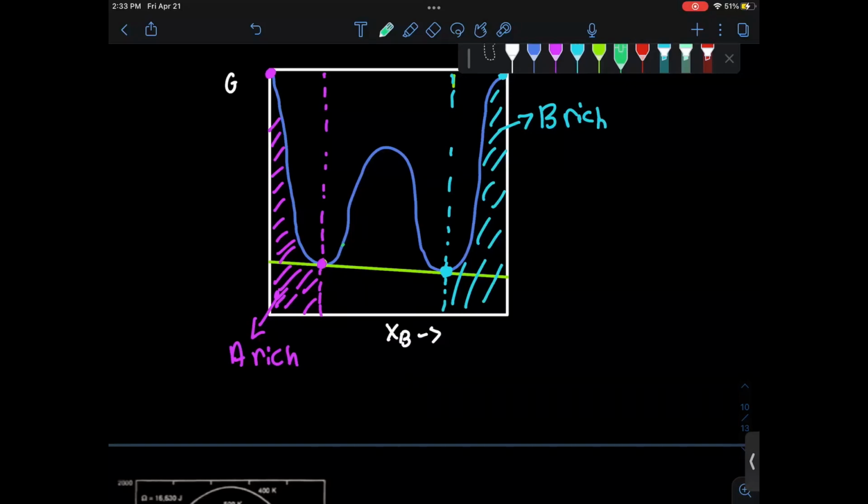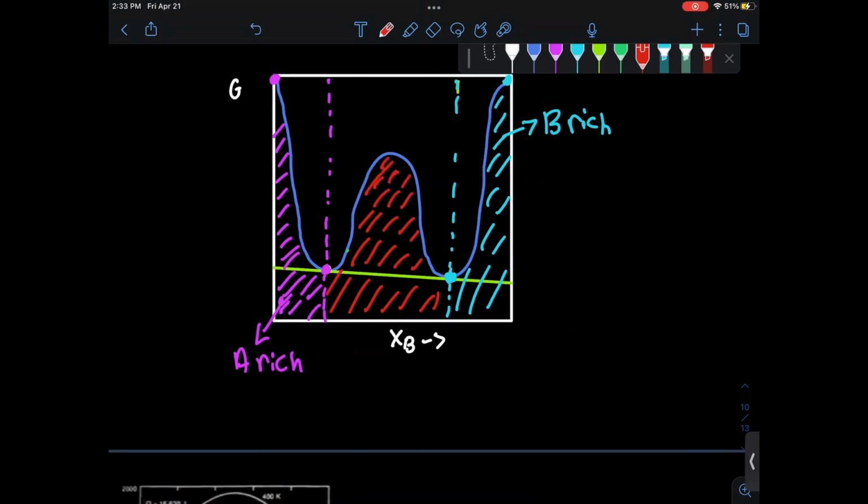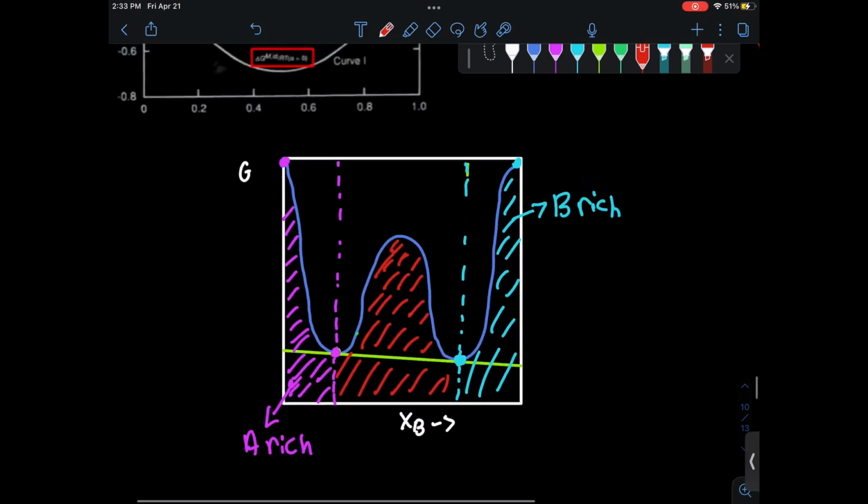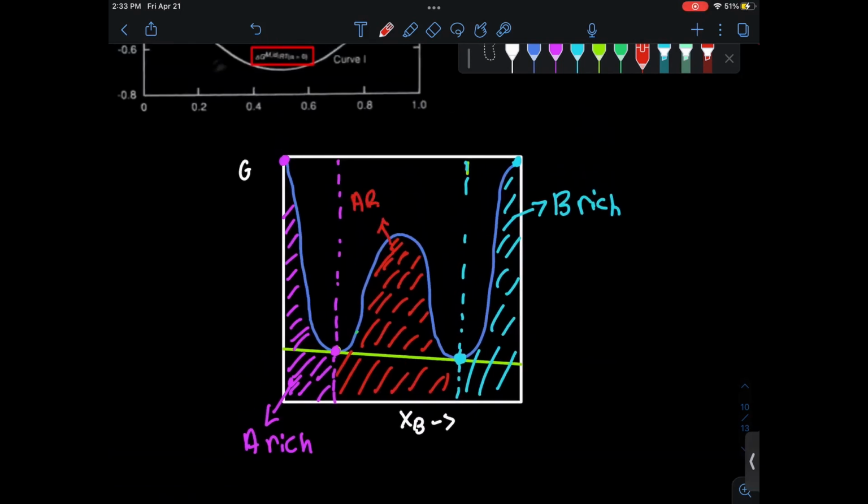When we are within this miscibility gap, our two mixtures that we can have, our A rich and our B rich, are going to separate from each other. And I'm going to have part of it that's going to be A rich, and I'm going to have part of it that'll be B rich.